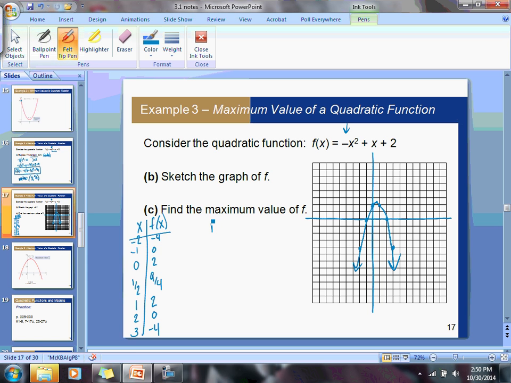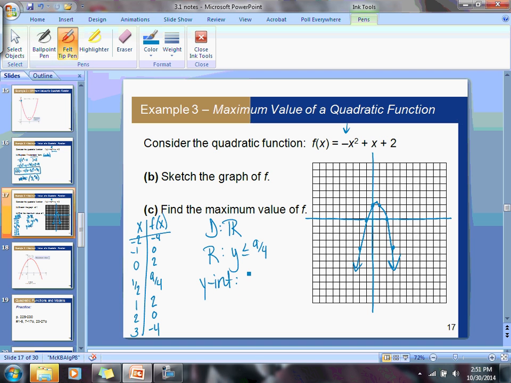And we're still going to find our domain, which is going to be all real numbers. Our range, this time, our graph does not go above that 9/4 value. That's my highest point on the parabola, 2 1/4. So my range is going to be everything less than that. Now my y-intercept, we see it in our table of values, and we see it on our graph.